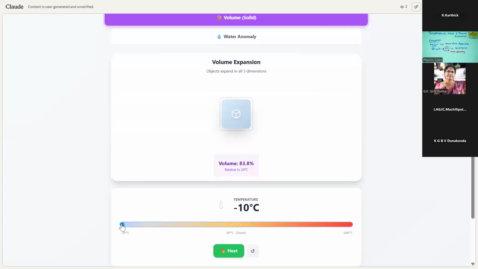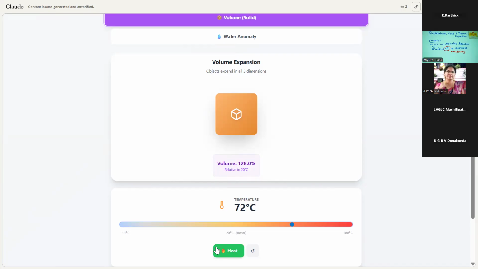Now let's slowly increase the temperature to around 70 degrees Celsius. The cube grows in size. Clear? So notice the difference from the linear mode. The object grows wider, taller, and longer simultaneously.